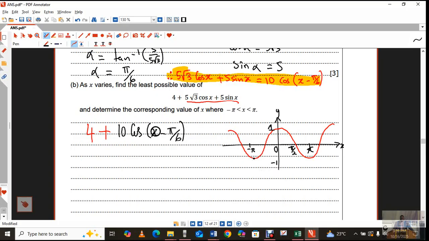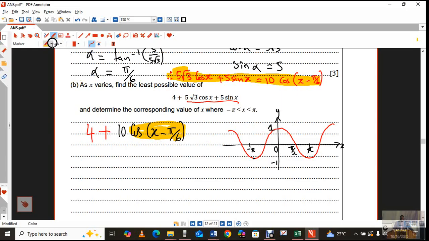So regardless of what this angle is, if we are interested in this part of the function, if you were to graph this part of the function, you can see that the least part will be where? At negative 1. That's the least part. If it was greater, it will be positive 1.